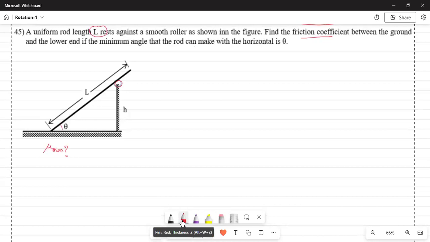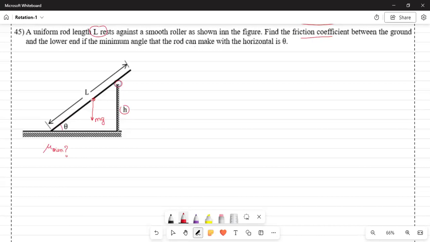Let's first identify the forces acting on it. This height h is given, remember, and the whole length is L. If the whole length is L, then definitely from somewhere here, there is a force mg, which is dropping down.